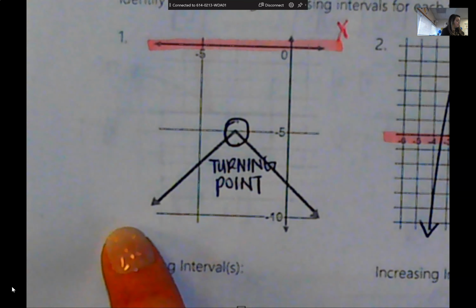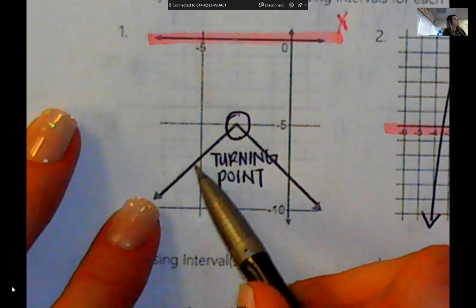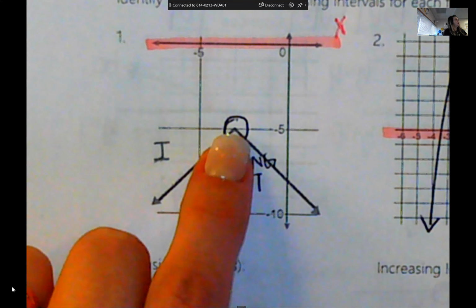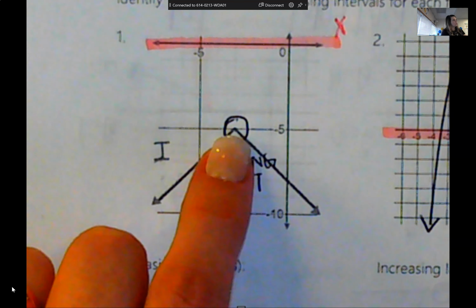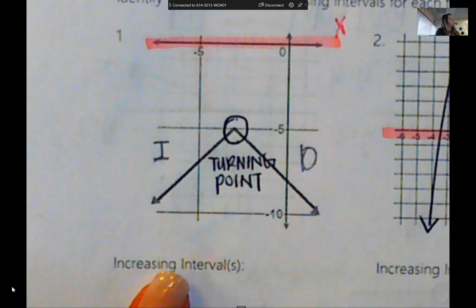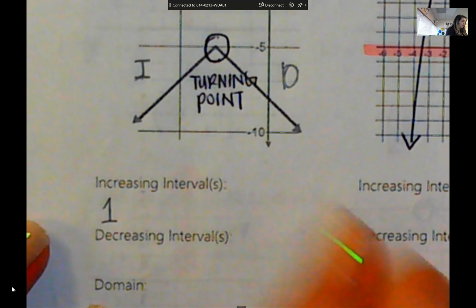So if I start on the left-hand side of this graph and I trace moving right, the line is going up. So I would say that this is an increasing function or an increasing interval. Then right here at the top, it turns around and starts to decrease. So down here, we can write that we have one increasing interval and one decreasing interval.